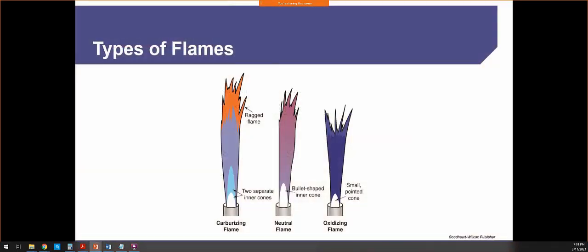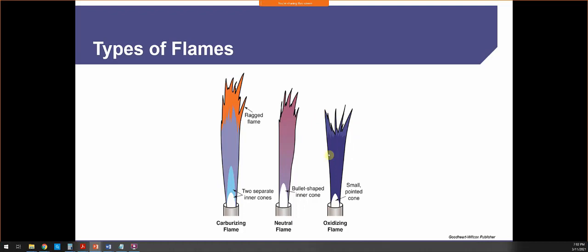We want to make sure that we have a nice neutral flame when we are brazing. All right, we want to control the amount of oxygen and acetylene coming out, and we can do that at our gauge head or our torch head. When we do that, we're going to make sure that we have a nice bullet-shaped inner cone, and we sort of have this purplish bluish flame, all right, according to the book.